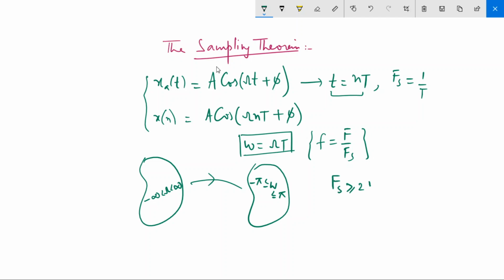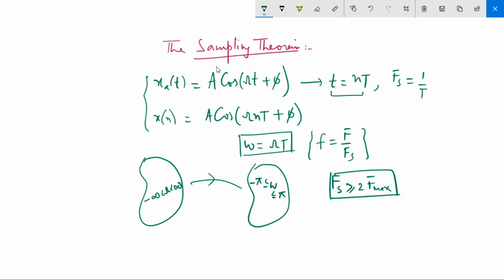Okay, and for this mapping to be unique and to avoid aliasing, we have chosen a sampling rate Fs greater than or equal to twice of F max. If you choose this sampling rate, there is no aliasing. It means the discrete signal that you will get after sampling, its frequency will be limited between this band, so it is unique, there is no aliasing component.